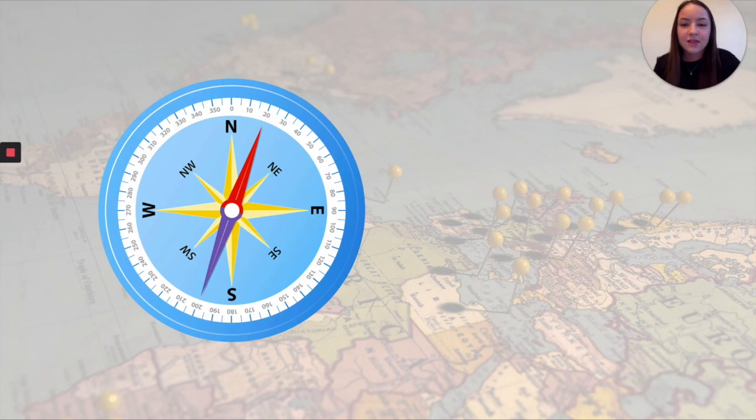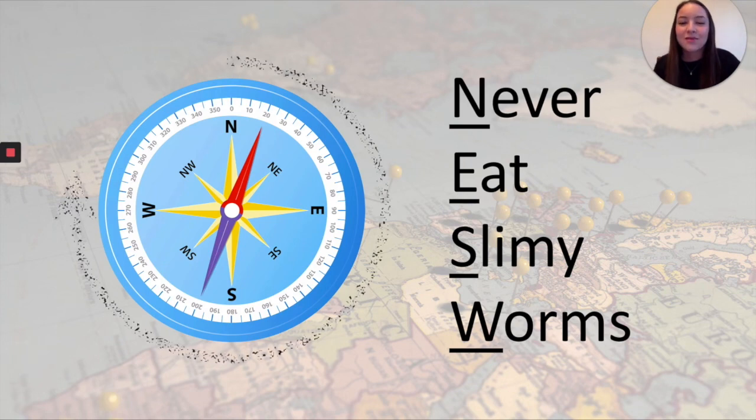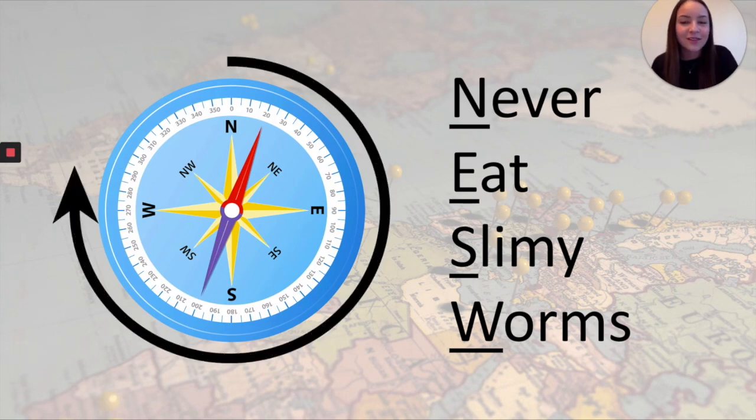So there's actually a rhyme to help you remember the compass points. This one is never eat slimy worms. So the first letter of each word in this phrase represents the letters that start the compass point names. So you read the compass points in a clockwise direction, so the same direction that a clock moves in.